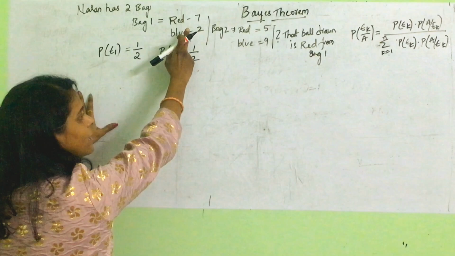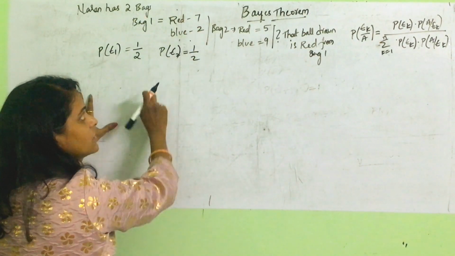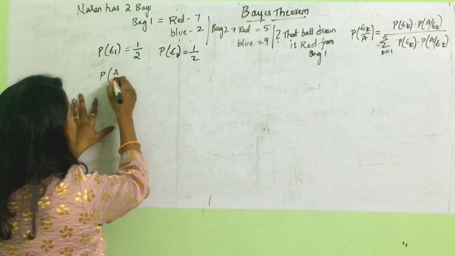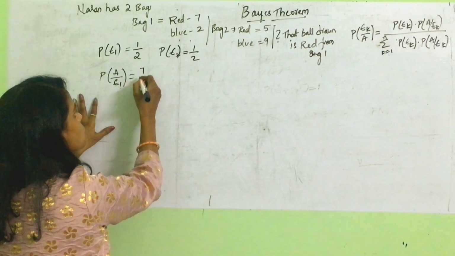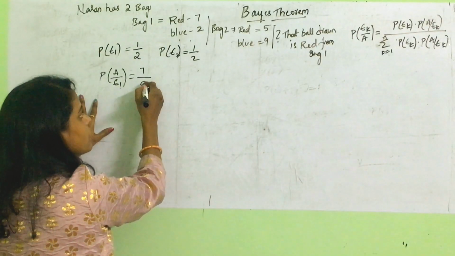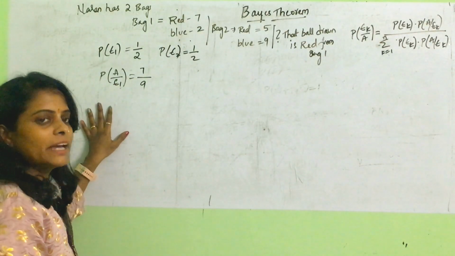How many red balls are there in bag 1? There are 7 red balls. So P of A by E1 equals 7 by, total how many balls are there in bag 1? There are 9 balls. So it will be 7 by 9.